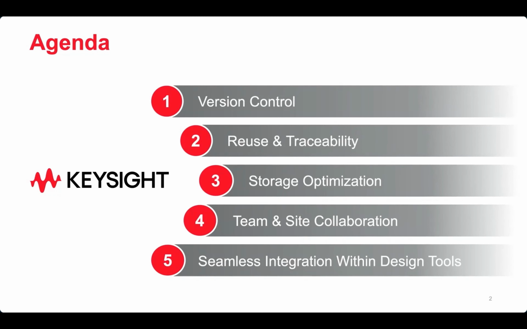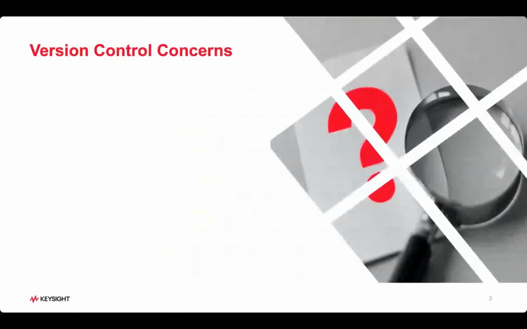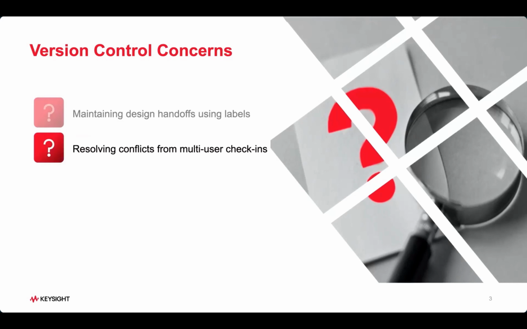So let's start by looking at the version control concerns. And we'll start by looking at some of the issues and requirements that version control systems need to address as well. So the first one is, we all know that working on the latest revisions may not be the best revisions to work off of. So we need to be able to hand off data using some of these labels.